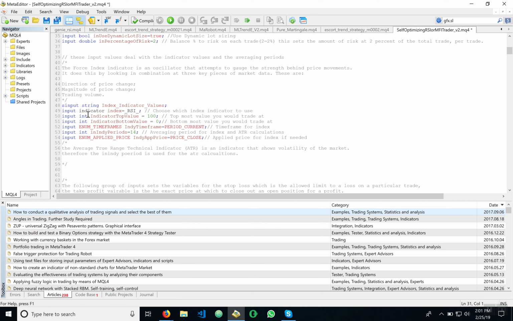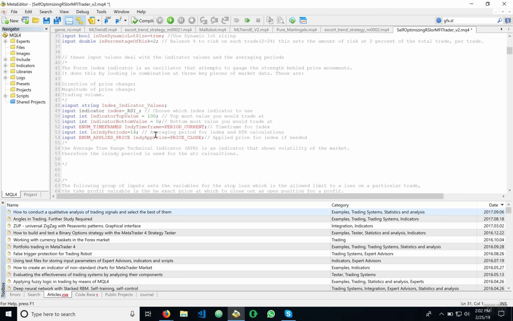And as you can see, the input here uses the RSI indicator, and it sets the indicator top value as 100 and the bottom value as 0. These are the top value that you would trade at and the bottommost value that you would trade at in a given trend. And then it sets here the time frames for the index and the Indy periods, which is the averaging period for the index, and ATR calculations, also known as the average true range, which is an indicator that shows the volatility of the market.